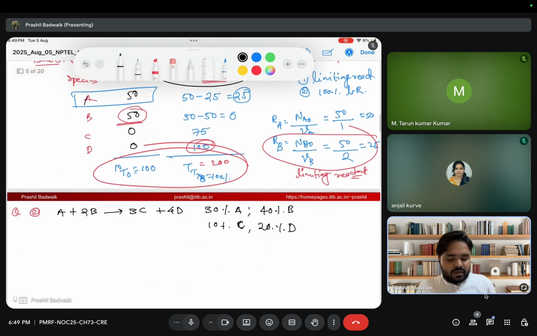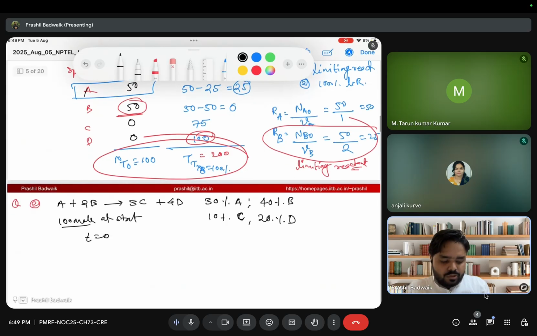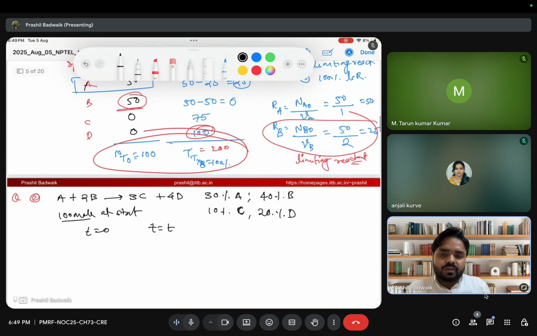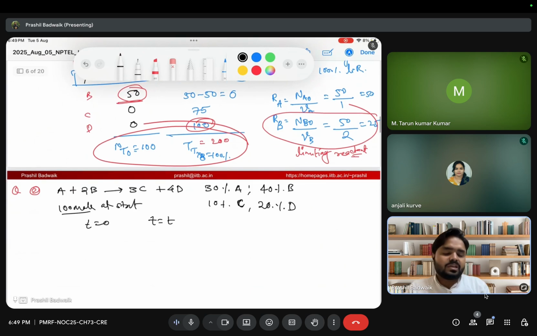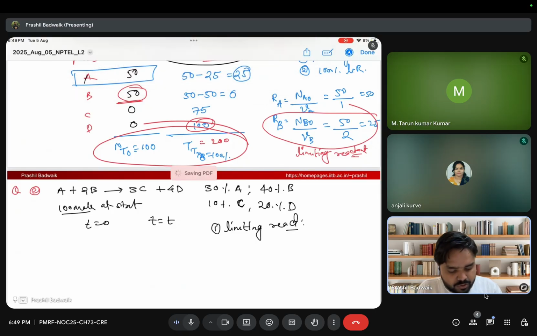So, take 100 moles at the start. At t equal to 0, at t equal to t, when X is 100% for whichever is the limiting reactant. First of all, our aim is to find the limiting reactant.